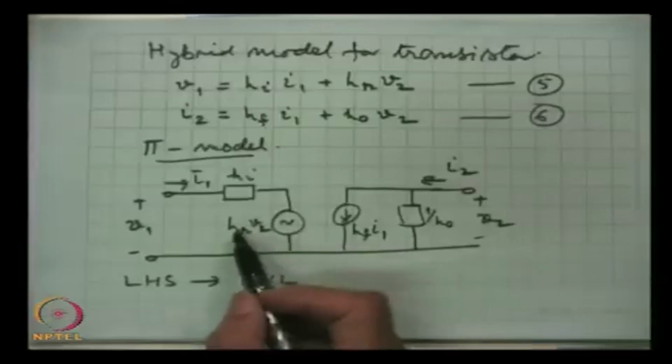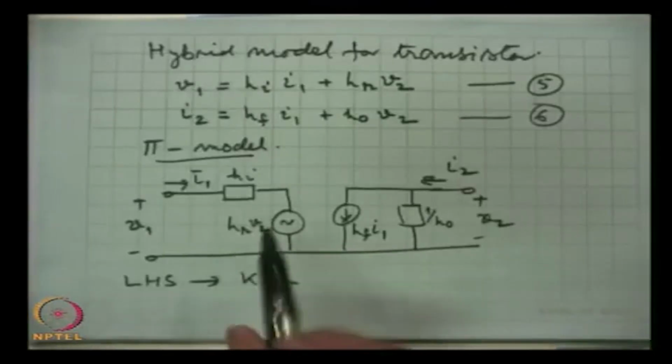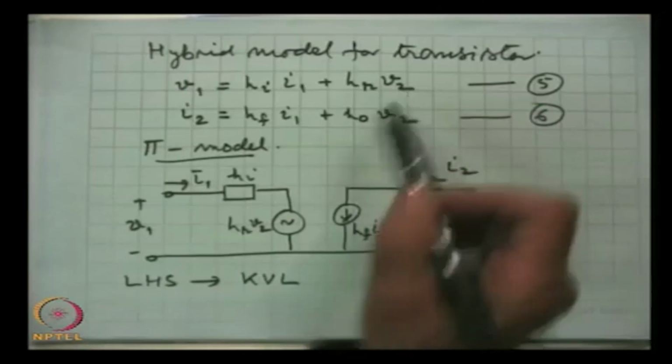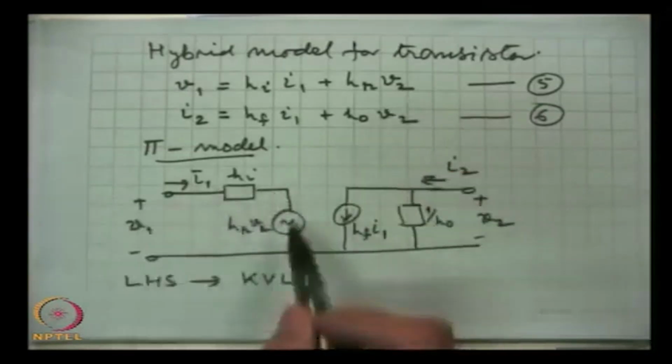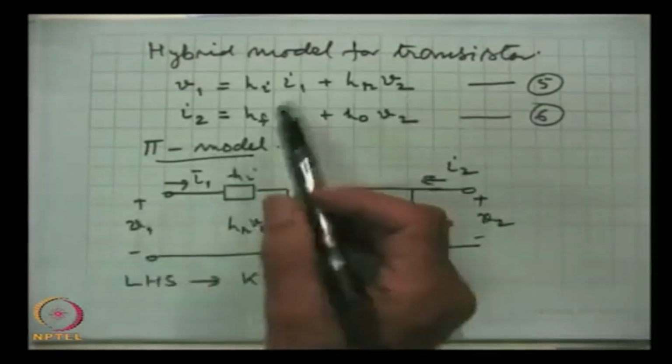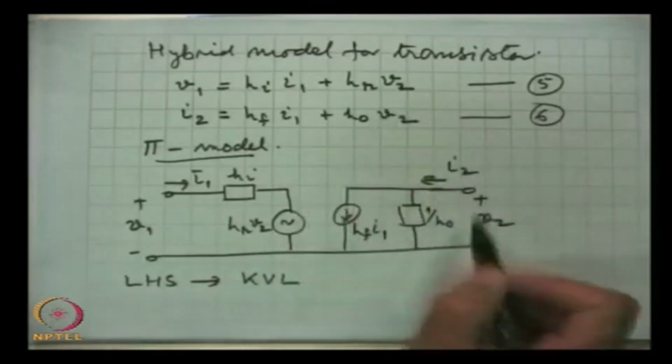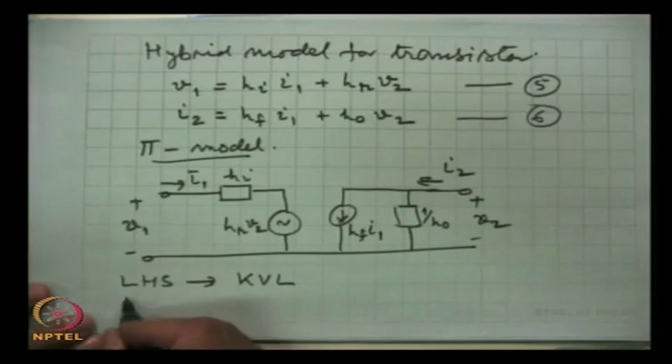So, this is that reflection, a feedback term. This is the first term in equation 5 and this is the second term.